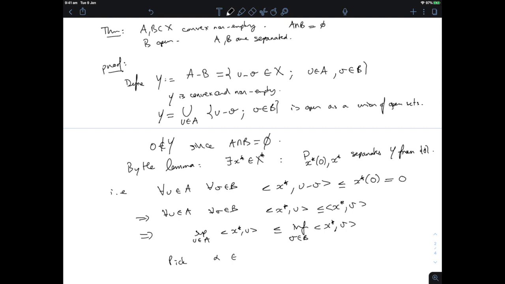I can pick an alpha between this supremum of x star u for u in A and the infimum of x star v for v in B. Maybe there's a single possible choice, maybe there's plenty of choices, in which case I just pick one, and then we have that for every u in A and for every v in B, x star u, well, it's smaller than the supremum, so it's smaller than alpha, and x star v is greater than the infimum, so it's greater than alpha. And that concludes the proof of the geometric form of the Hahn-Banach theorem.